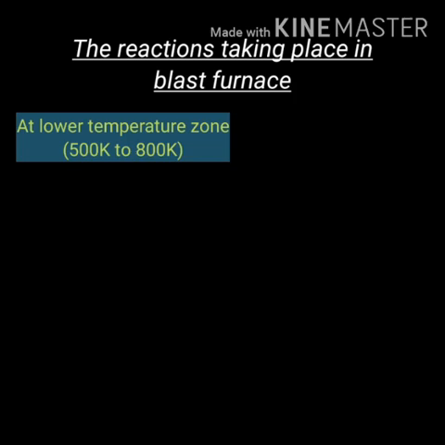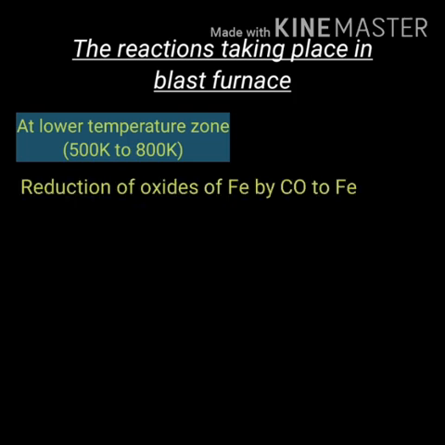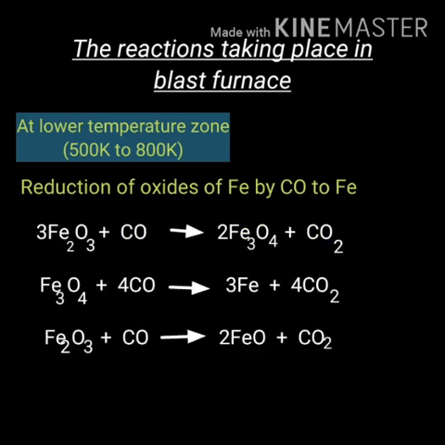At the lower temperature range of 500 to 800 Kelvin, iron oxides are reduced by carbon monoxide to iron. That is, Fe2O3 plus carbon monoxide gives Fe3O4. Fe3O4 plus carbon monoxide gives iron.